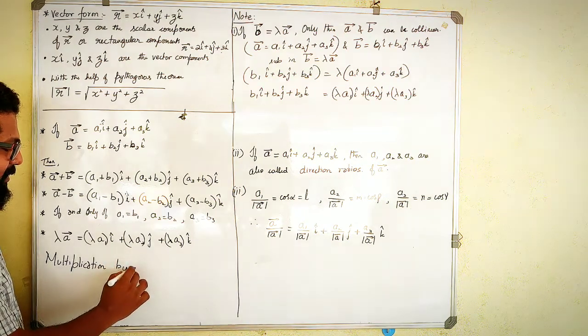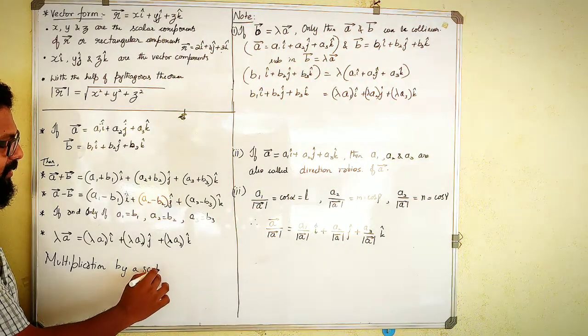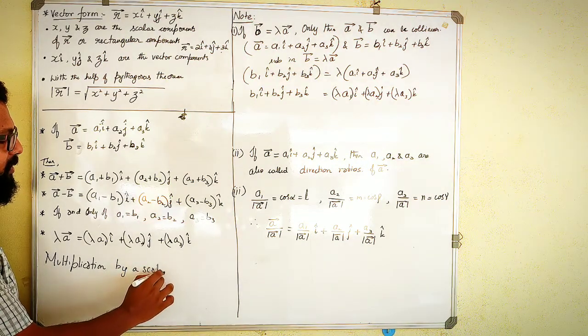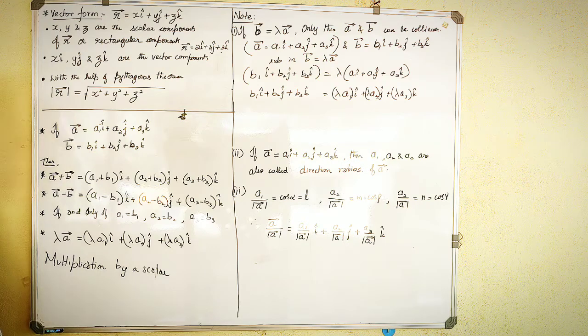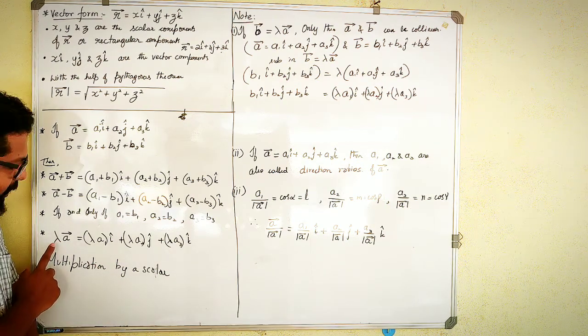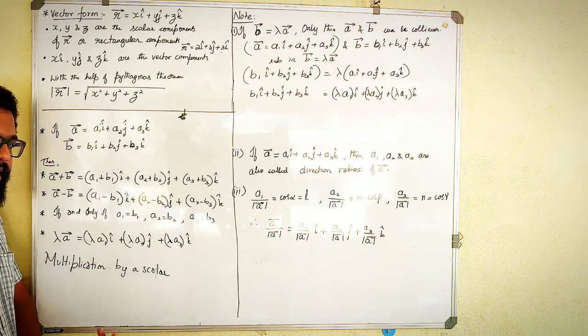Multiplication by a scalar, or multiplication by a number. Okay. So here, let me take lambda to be any number or any scalar quantity.